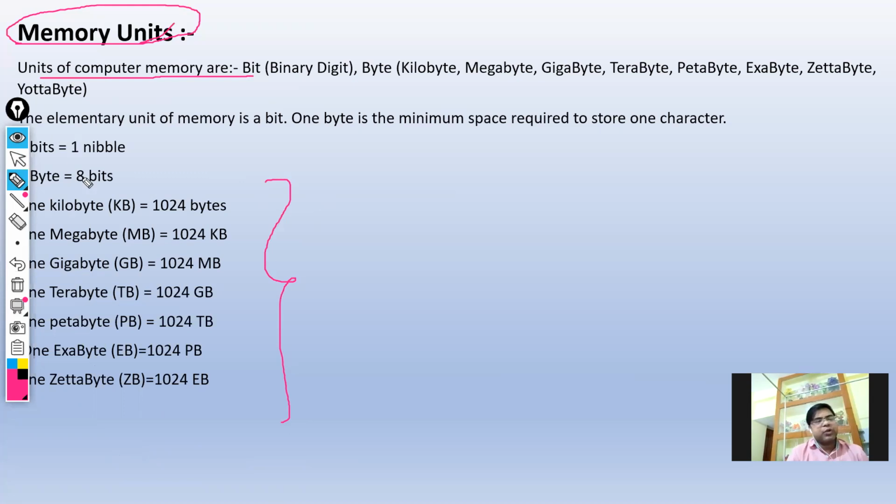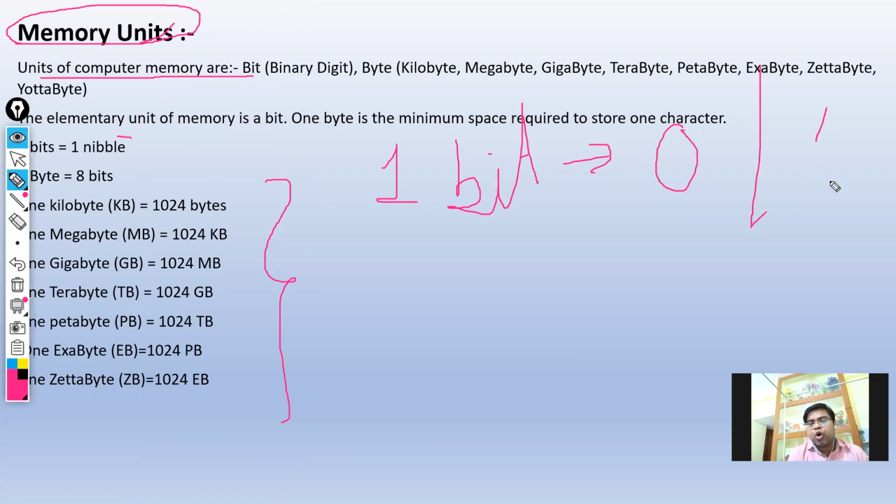Now, first of all, you have to know about one bit. What is one bit? One bit means either 0 or 1. Next one is nibble. One nibble means 4 bits.